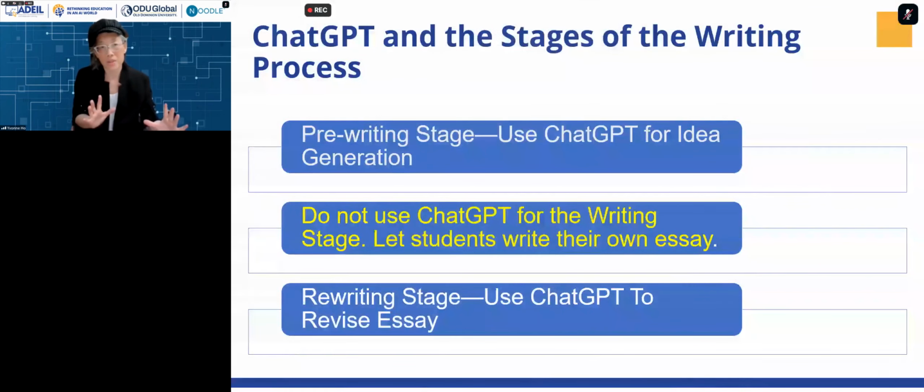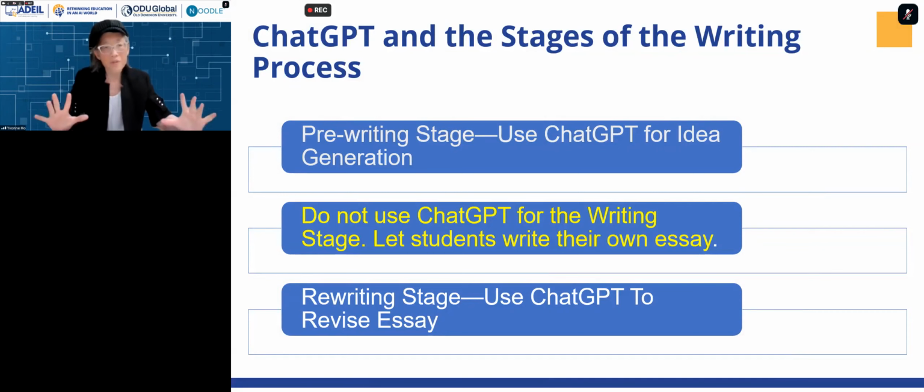I suggest to students that it's okay to use ChatGPT in the pre-writing stage. So you use ChatGPT for idea generation. You teach students that they can use ChatGPT to formulate their thesis statement, and they can use ChatGPT to write an outline for their paper. All of that is within the pre-writing stage of the paper.